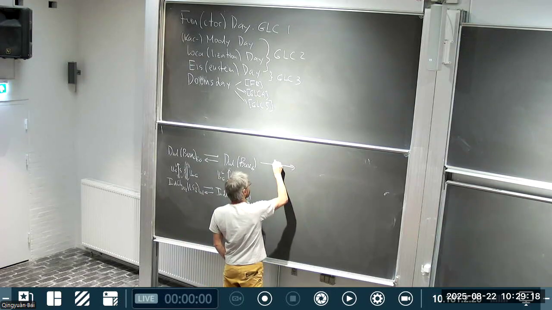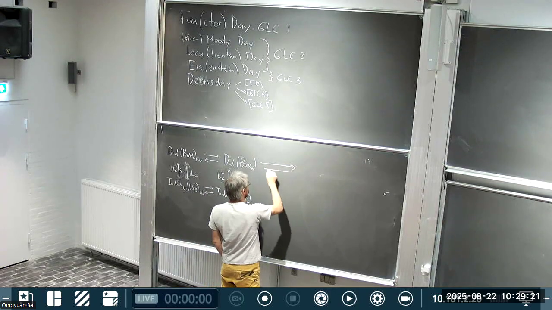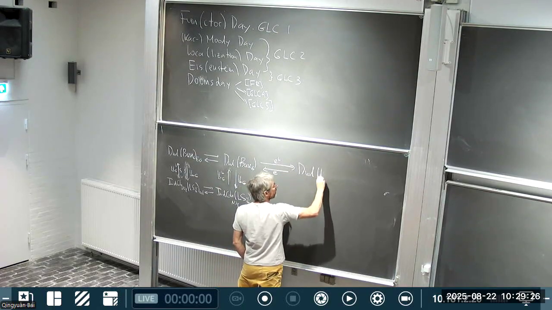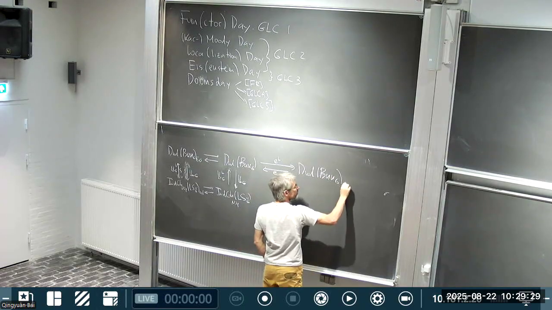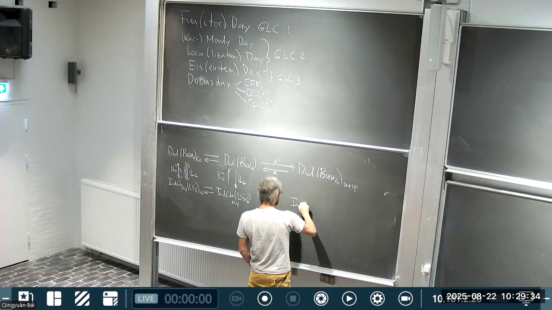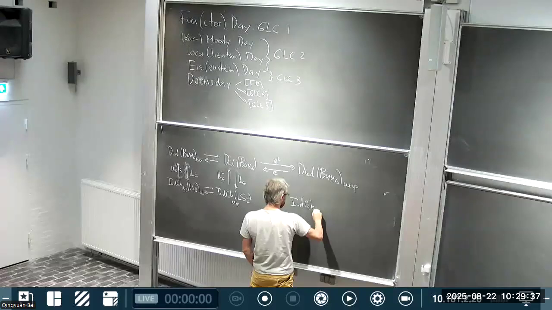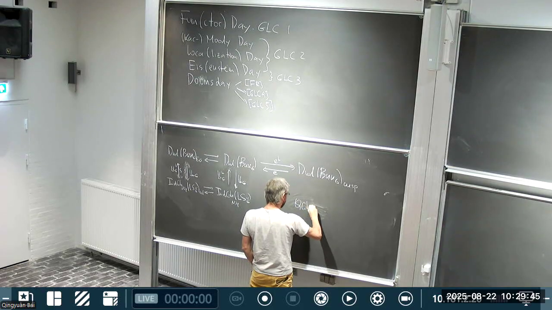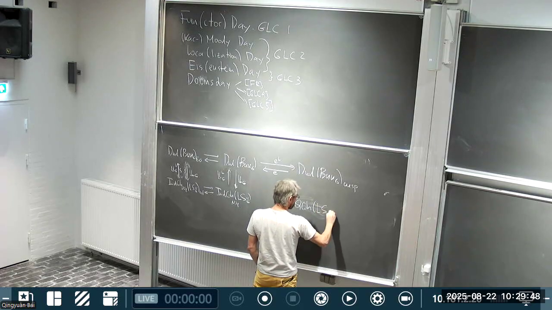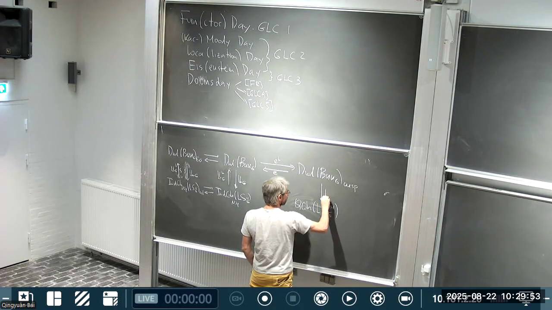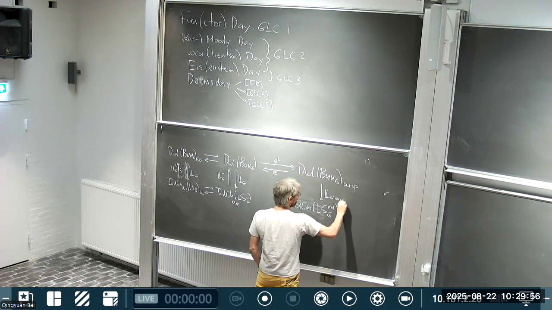And also here, thus, here, irreducible. So this is L. Thus, this is the left adjoint.